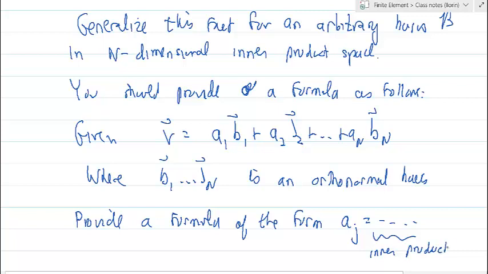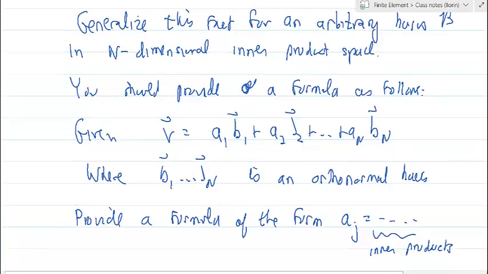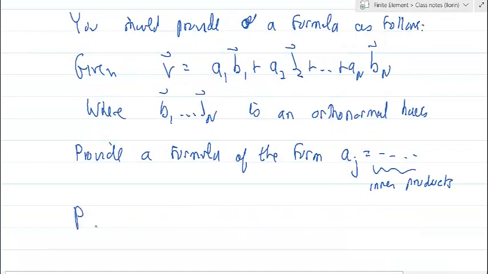So I want an expression here that involves v and the inner product of these vectors. And then I would also like you to prove your formula. Don't just give a formula. Show me why it is true. Prove why your formula is true.